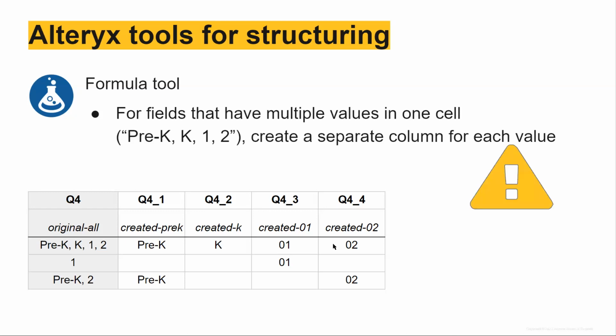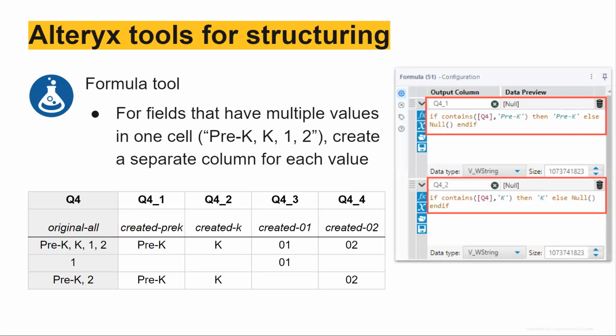Okay. So it didn't quite work out the way that we thought it would based on the formula. And on this next screen, I'm going to show you what happened and see if anyone can figure out why. So these are the formulas that we use. This little screenshot is actually from Alteryx. And what it's saying is create a new column called 4.1.